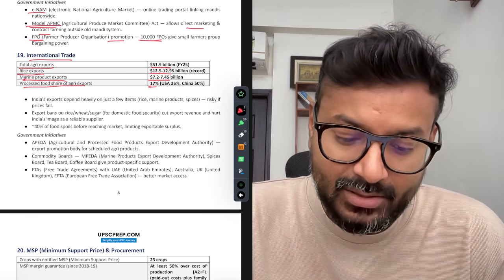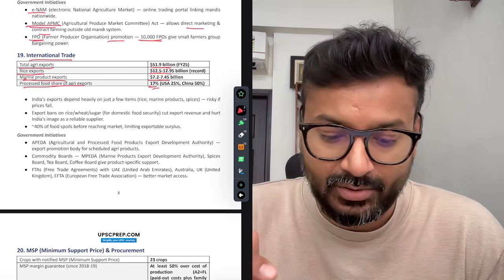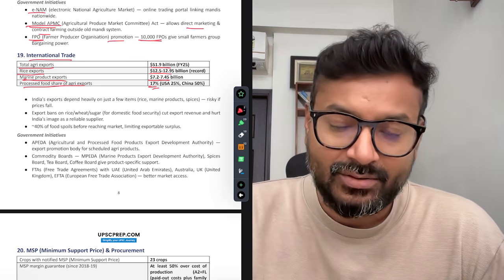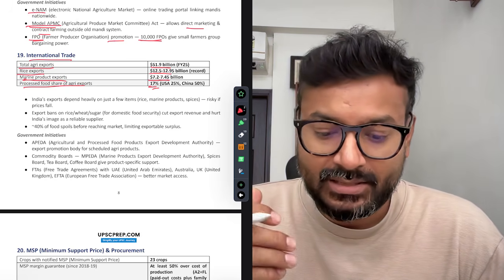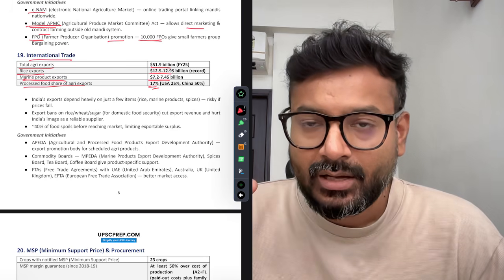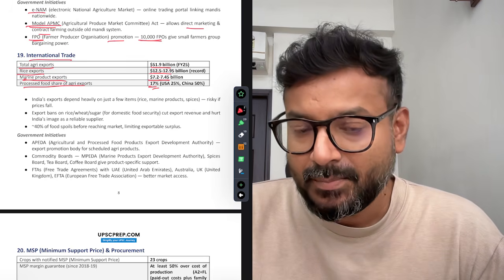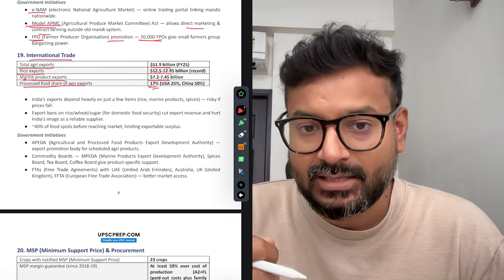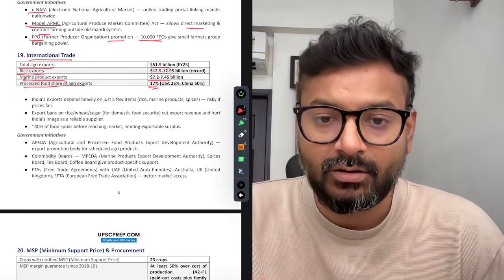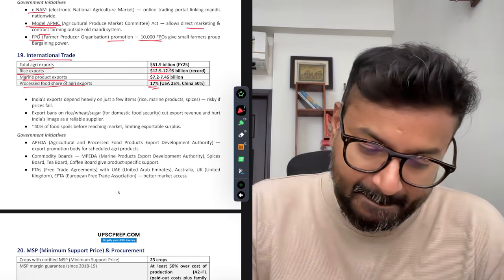Only around 17% of what we are exporting is processed food. If we compare it with USA and China, then USA is exporting 25%, China is exporting 50%, which means we are not able to fully utilize the potential of exporting processed food, because processed food is going to be expensive and will fetch more price.